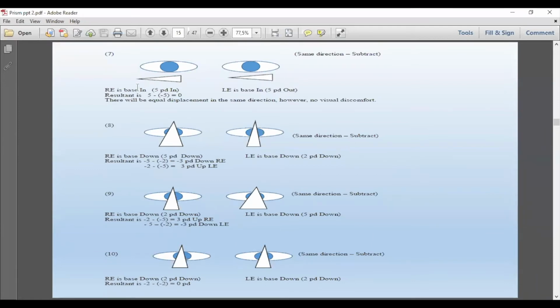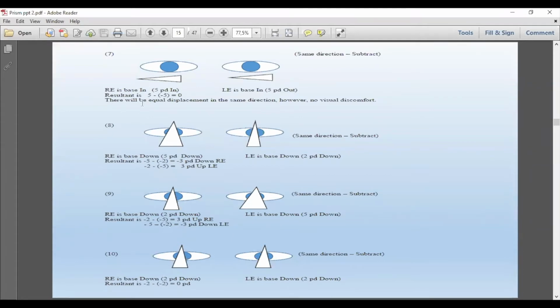So now to calculate what your resultant prism is, you've got 5, which is positive, minus, now in this case, sorry, I think I've made a mistake over here, because your resultant is 5, -5, that minus over here shouldn't be there. But anyway, it's going to be 5 minus 5, which is equal to 0.